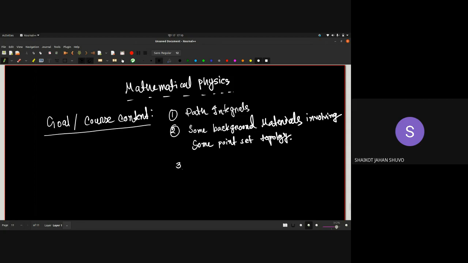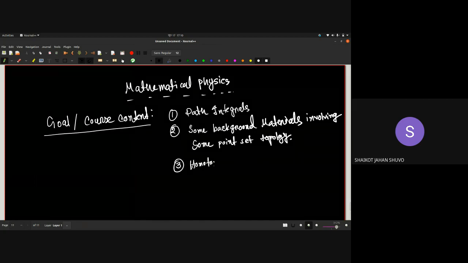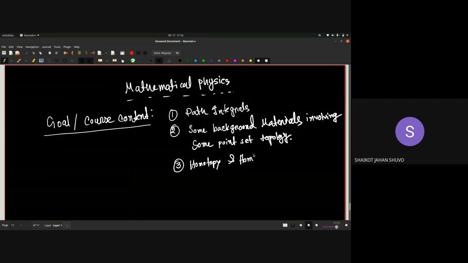And then I would like to move on to the homotopy and homology groups. If you're doing an algebraic topology course, I think you are already taking some steps to study these things, but we'll try to study them from a physicist's point of view in this course.